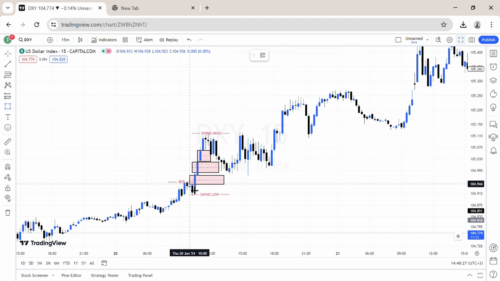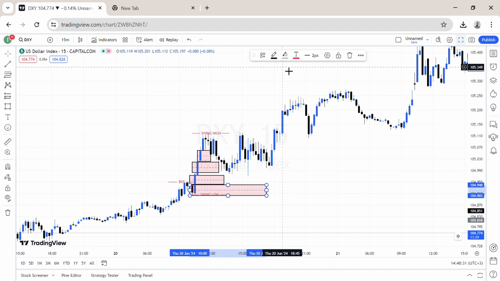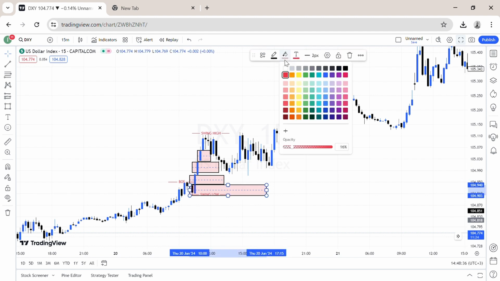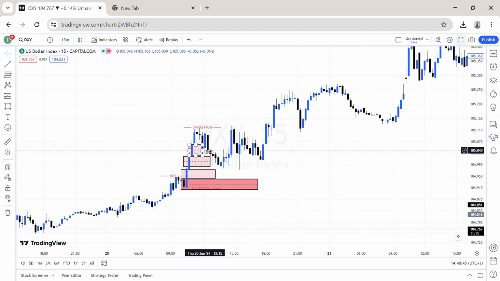And lastly, there is an order block. Let me just shade it differently. This is an order block. Now, having this in your chart, what do you do?